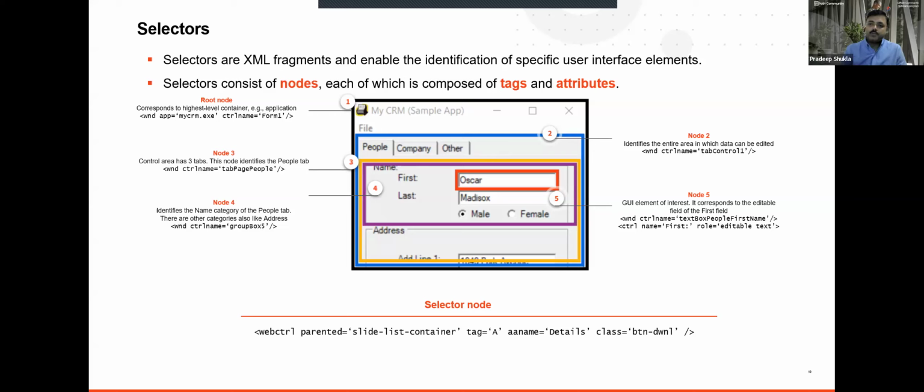We do have options to go back and edit those selectors and make adjustments depending on how we want to use them. So we'll talk about that. There are different types of selectors that can be built and used. Let's go to the next slide, please.